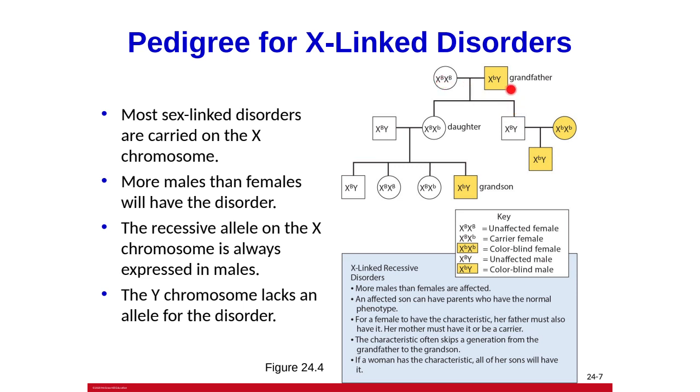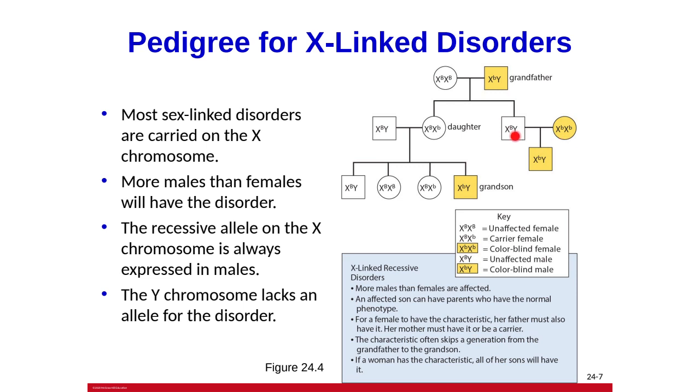Well, if he has a son, he's not going to pass the color blindness on, right? Because he passes his Y along, and the son gets a copy of X big B from his mother. Remember, his mother is not a carrier. She does not have the disease at all. Now, this particular male happens to get married to a woman who is X small b, X small b.